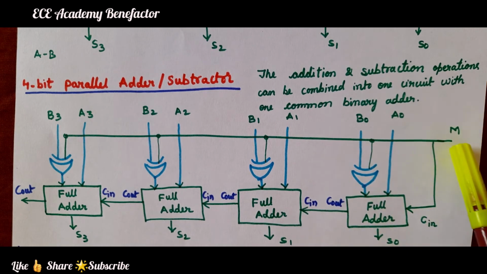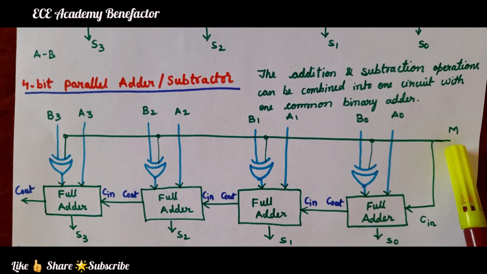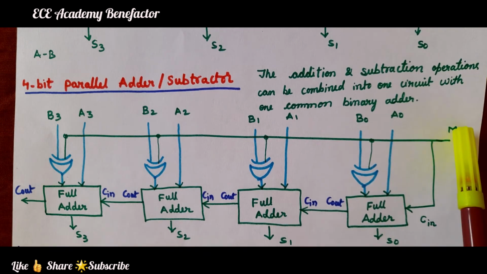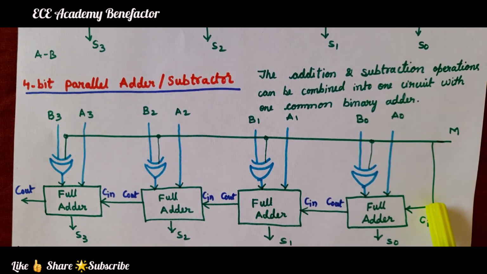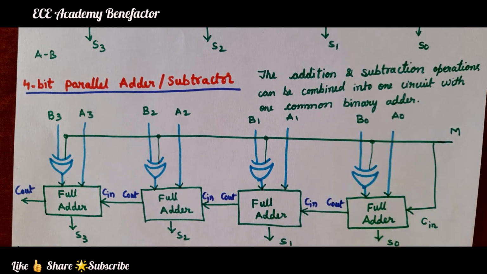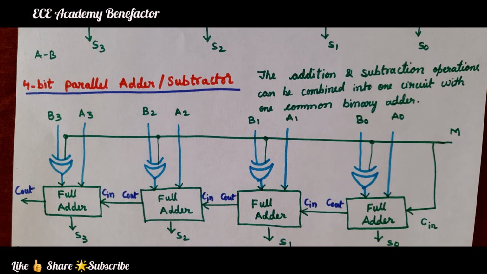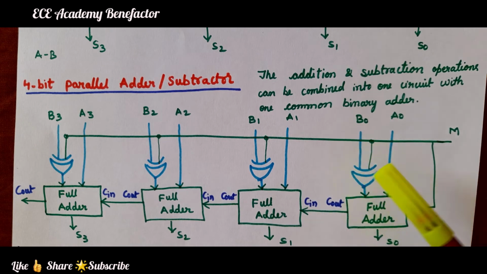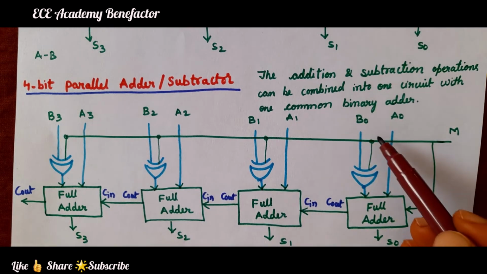So, when we want to use it as an adder circuit, what should the input be? 0. So, we can set M as 0. So, when M is 0, what happens? The carry input comes here as 0. Carry input is 0, A0 is coming, and here it is B0 through an XOR gate. So, here what is the output?